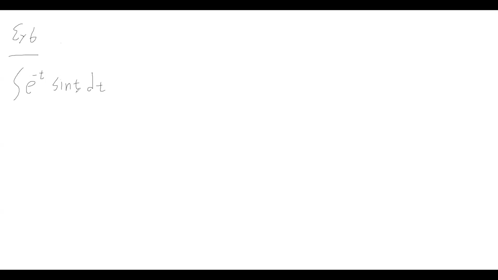So here we come up with a new technique. Again, let's follow LIATE. Let's see which comes first. We have trig, and trig is before exponential. So we're going to let u be sine of t and dv be e to the negative t dt.